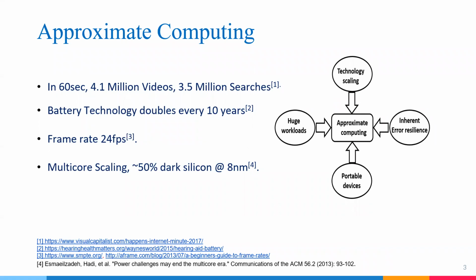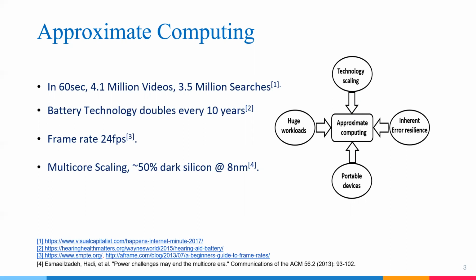Many people are now looking at application tolerance towards error versus energy consumption. This is the trade-off they are making, and with respect to that, they are proposing approximate hardware circuits such that we can reduce the energy.